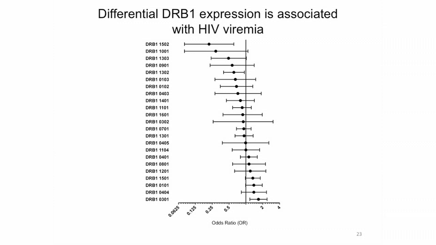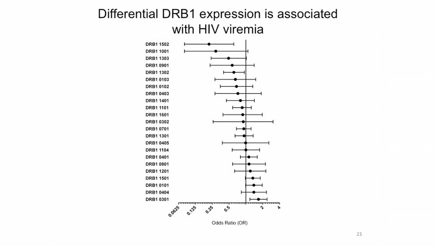I mean, it's important to point out, we didn't see any difference of one single allele compared to the other allele based on multiple comparison. But what we saw is that there was a trend from some alleles that were rather associated with protection and some alleles that were rather associated with rapid progression.